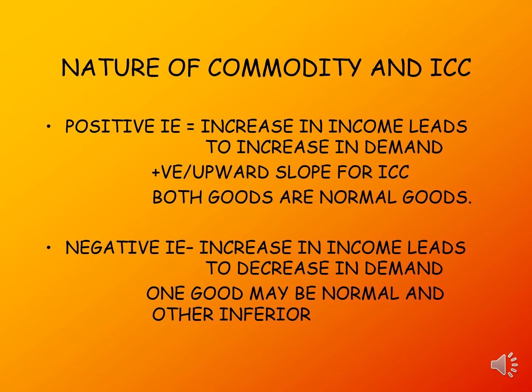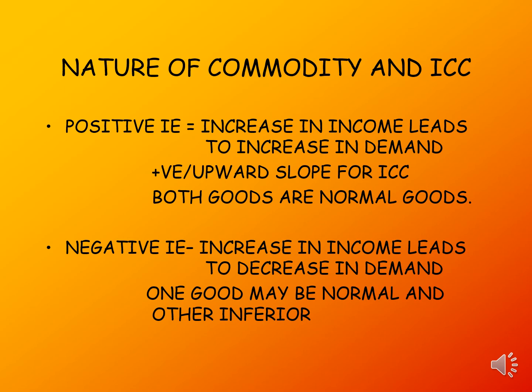So we have already seen that commodities are of different types: normal goods, inferior goods, superior goods, etc. There are two types of income effect, that is positive income effect and negative income effect. A positive income effect happens when both the goods in the combination are normal goods.